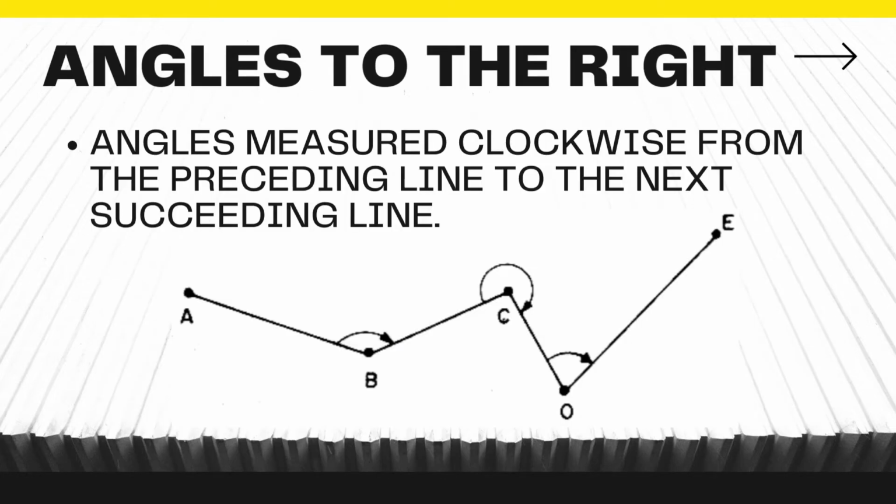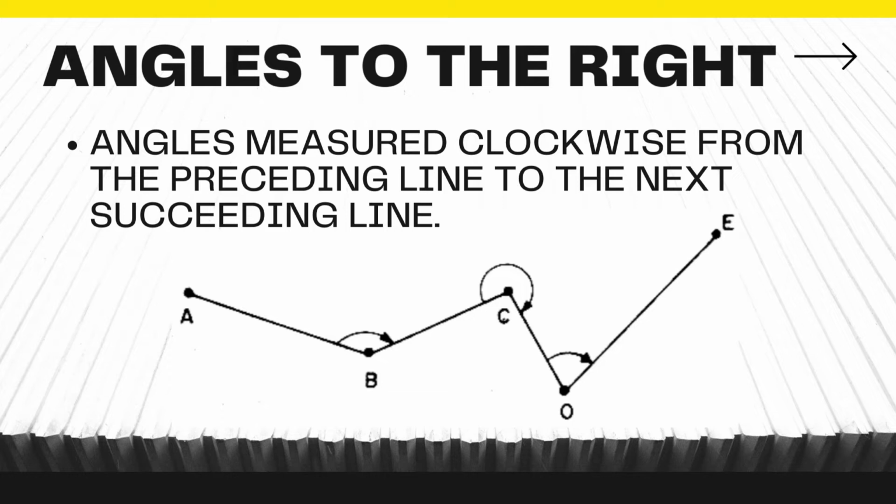Next we have the angles to the right. Angles to the right are measured clockwise from the preceding line to the succeeding line. From the name itself, angles to the right means it is an angle with a clockwise direction between the preceding line and the next line.